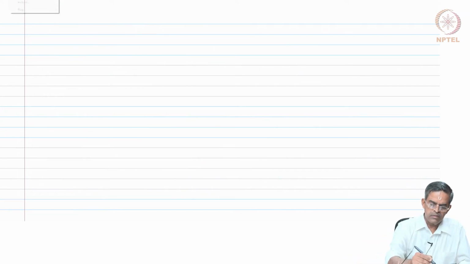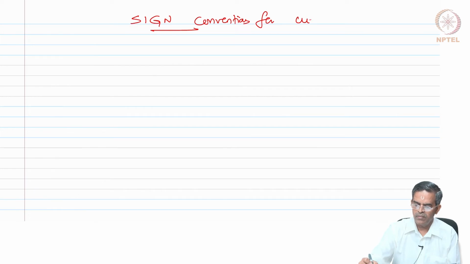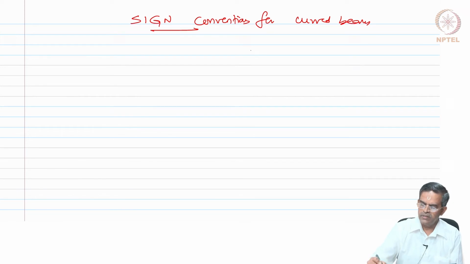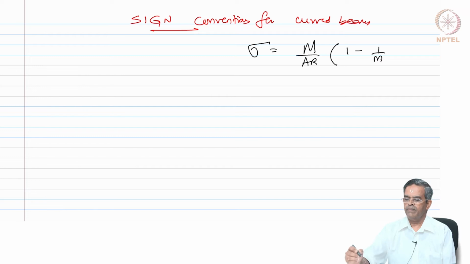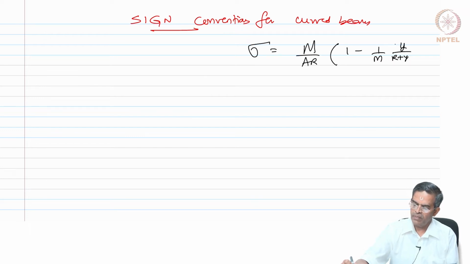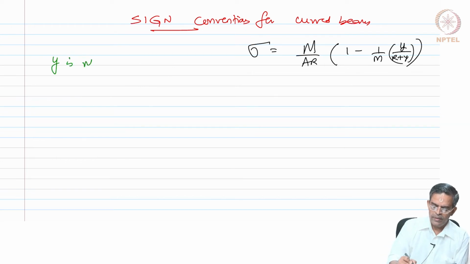Let us revise some sign conventions for curved beams. Let us say the equation is very generic. Stress is given by M by AR, 1 minus 1 by m, y by r plus y. Now, y is measured from the centroidal axis.